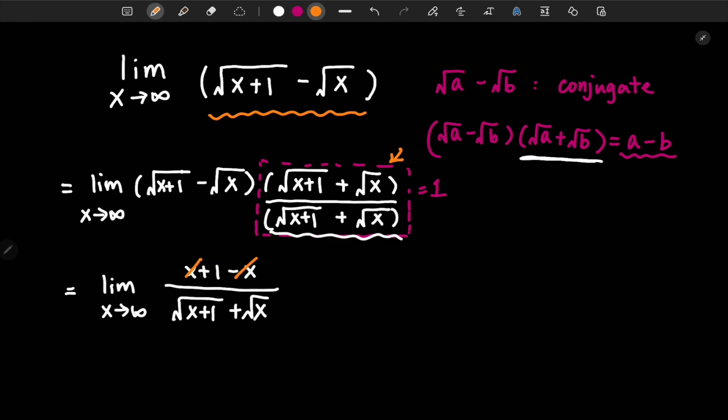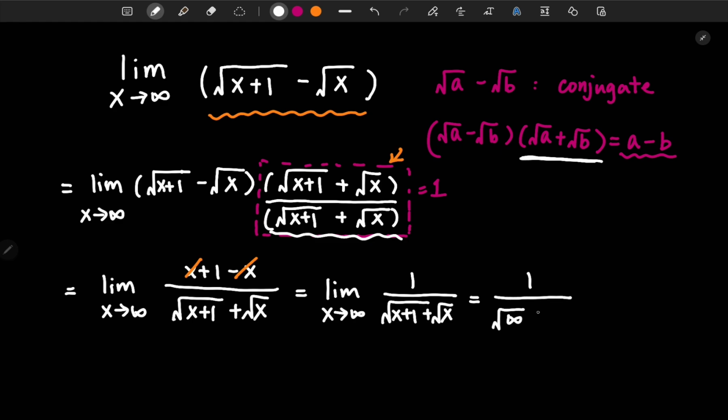So x and negative x cancel, and we get the limit as x goes to infinity of 1 over the square root of x plus 1 plus the square root of x. So now we can see very clearly that the bottom is something very, very large, because the square root of infinity is also very large.